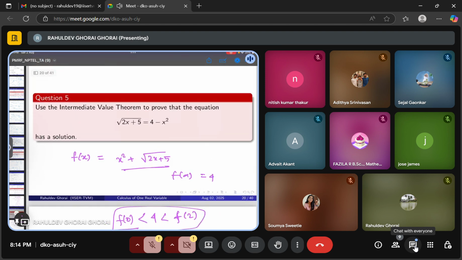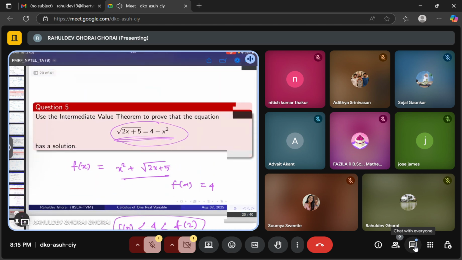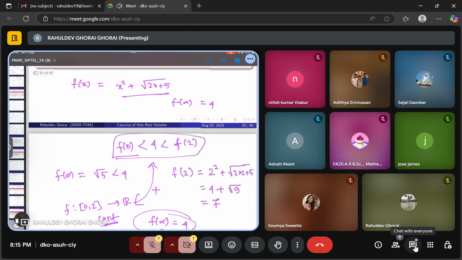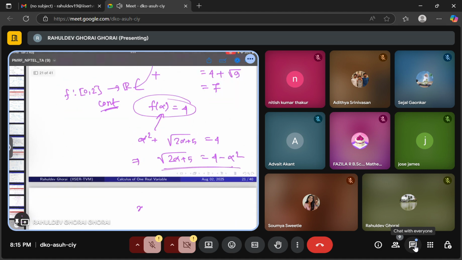Solution means there exists an x such that this happens. So f(alpha) is equal to 4 means alpha square plus square root of 2 alpha plus 5 is equal to 4. That implies square root of 2 alpha plus 5 is equal to 4 minus alpha square. So that means square root of 2x plus 5 equals 4 minus x square has a root.